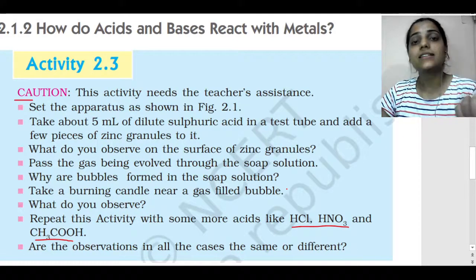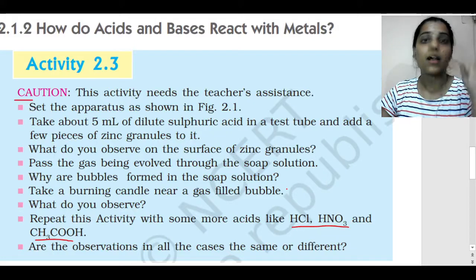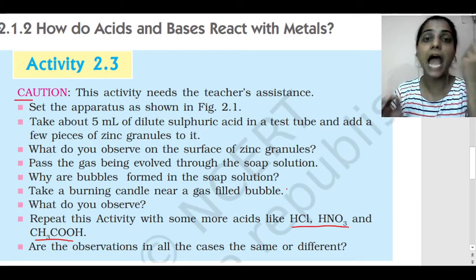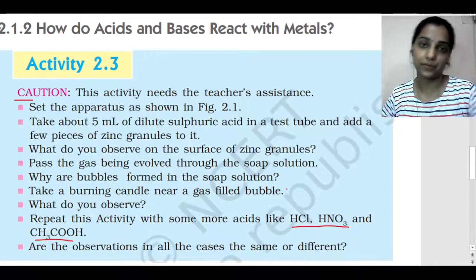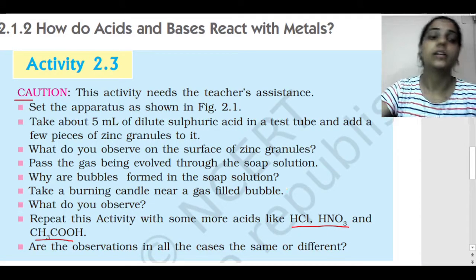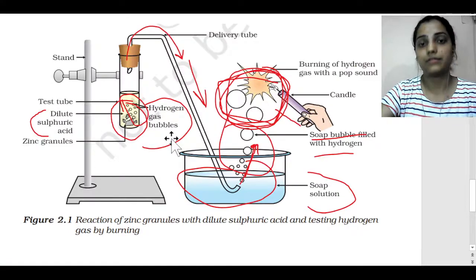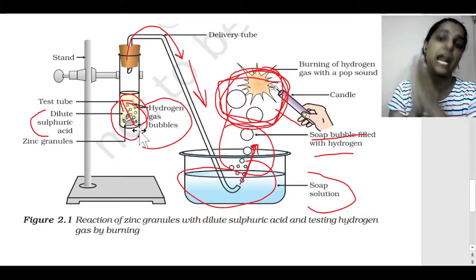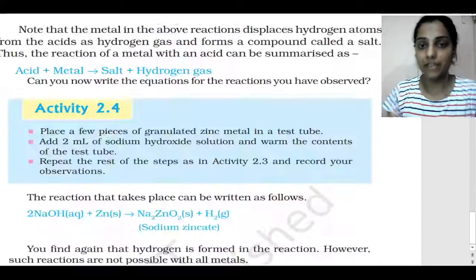So if we react an acid or base with a metal, what will happen? We get hydrogen gas as a product. This is very important: if you mix an acid or base with any metal, you will get hydrogen gas on the product side.